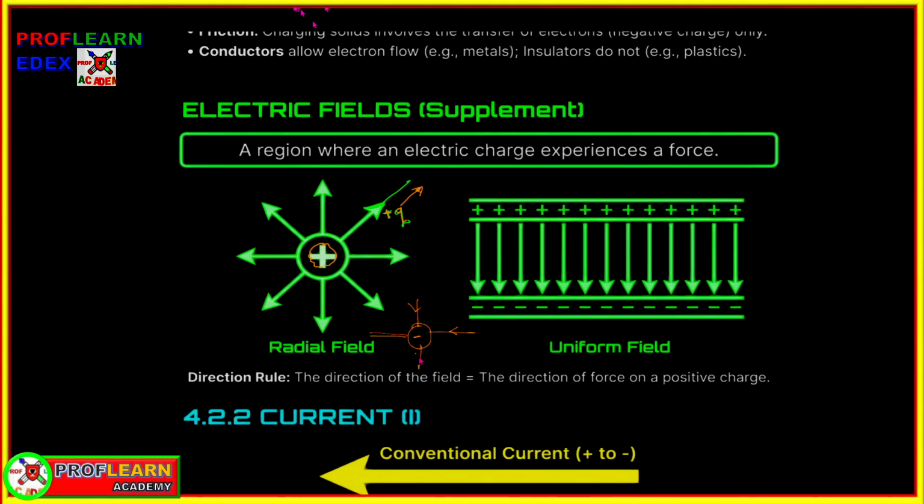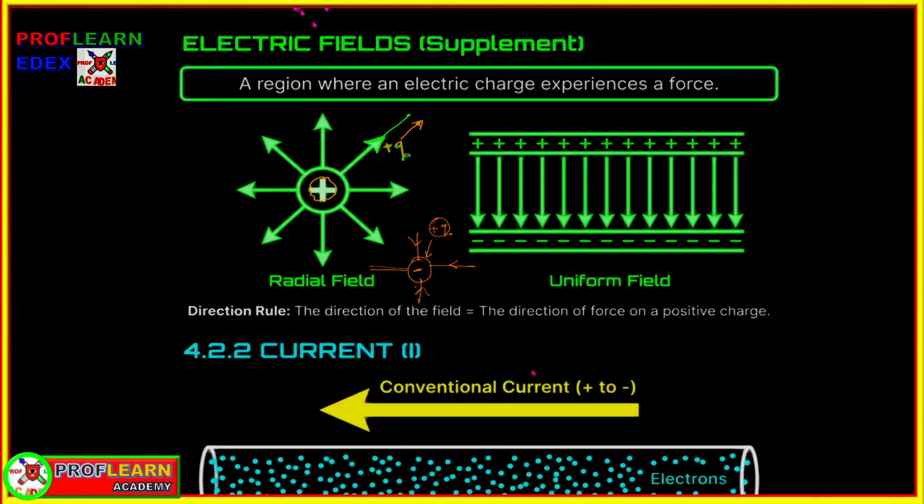And why is that so? It's because if you bring a positive test charge close to this negatively charged particle, it will be attracted because it's positively charged. So you'll have to remember that always.